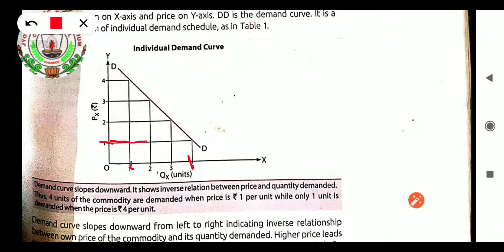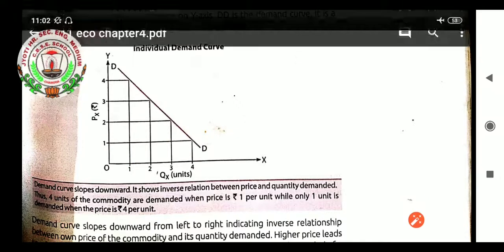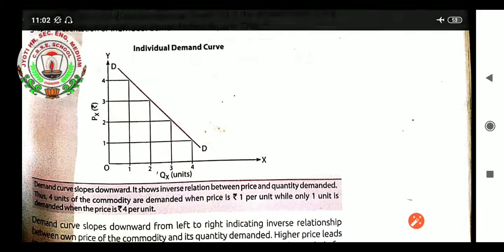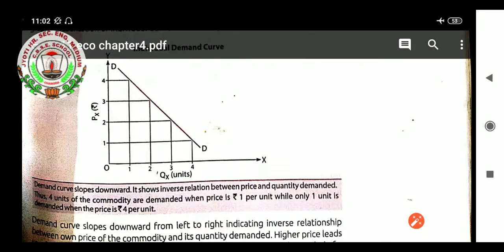So we will connect price and quantity, and you will get a point of intersection, a dot. You will darken the point. Okay, now we will proceed.